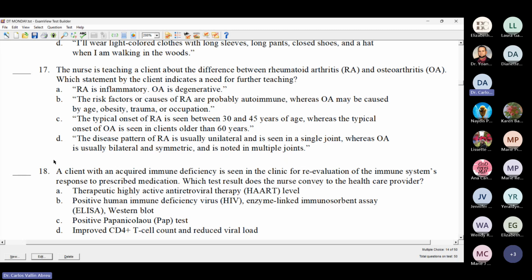By the contrary, the osteoarthritis, you need to understand that in the joints, you don't have bone. The joint is a space between bones. You need to understand that. What is a joint? In the joint, you don't have bone. The joint is the space that separates the bones.